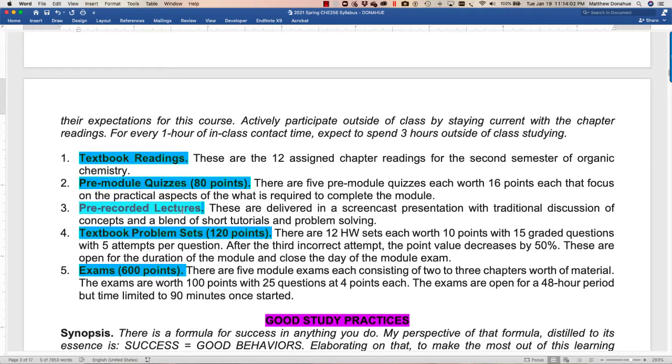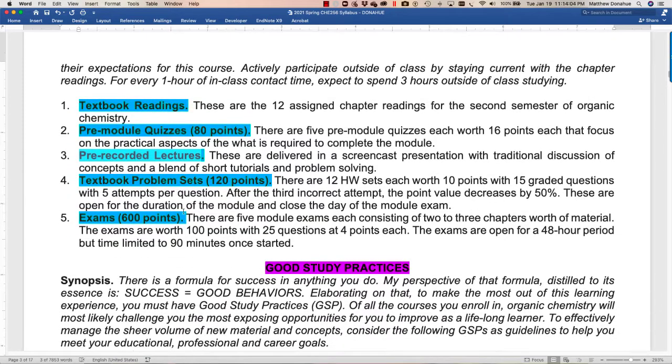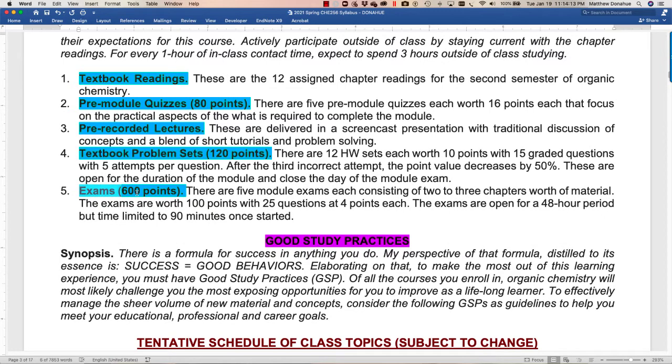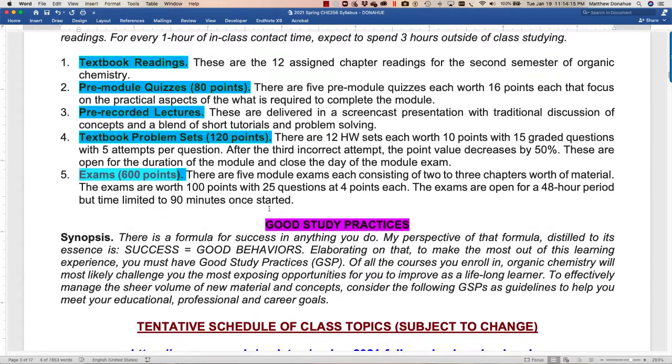There are pre-recorded lectures that you need to watch to understand the readings. Then there are textbook problems associated with each module. Each module has an exam. The final exam is worth 200 points, and it will have some cumulative aspect to it.